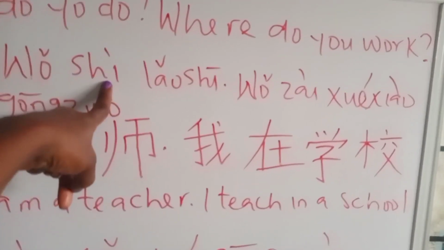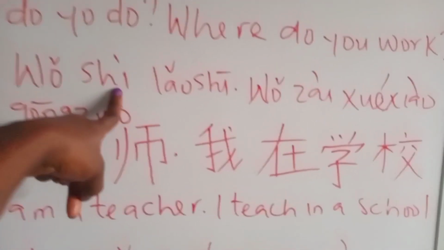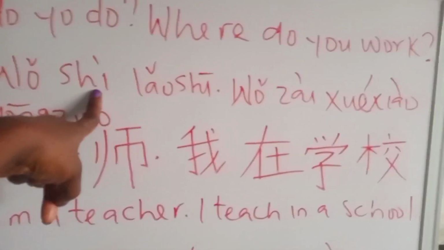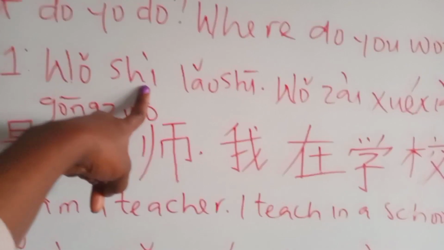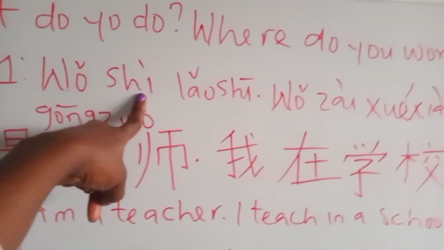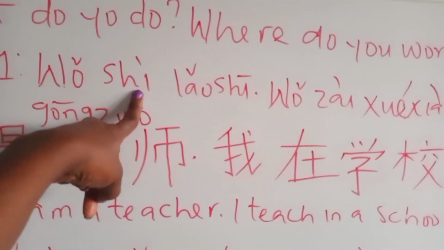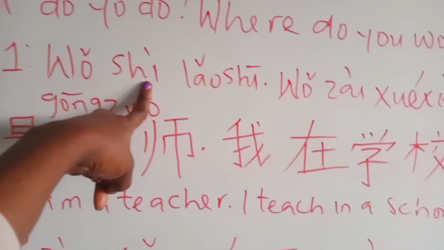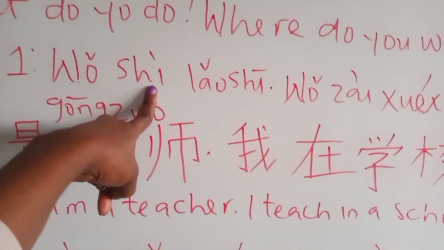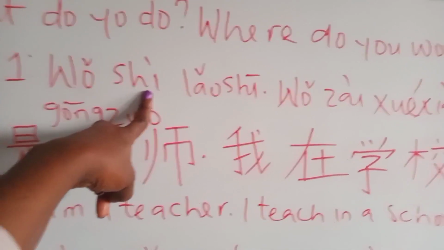If you want to say I am, it is 我是. If you want to say he is or she is, it is 他是. If you want to say we are, it is 我们是. If you want to say you guys are, it is 你们是. If you want to say they are, it is 他们是.